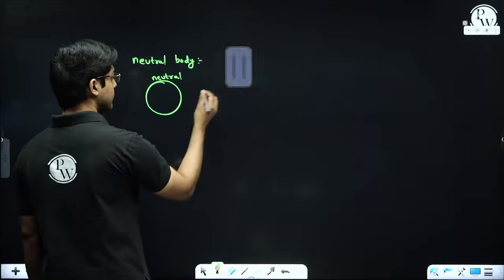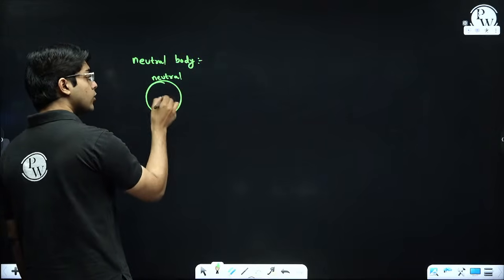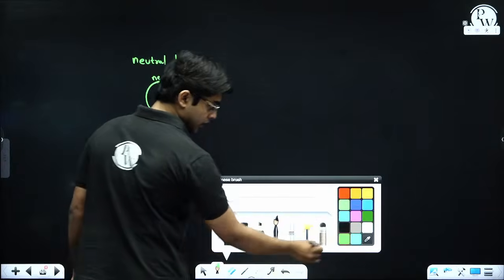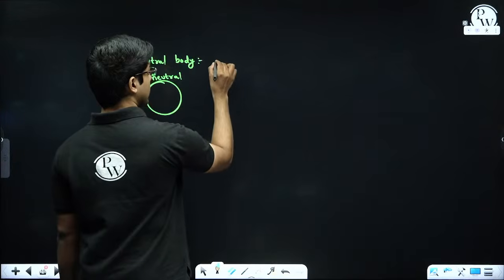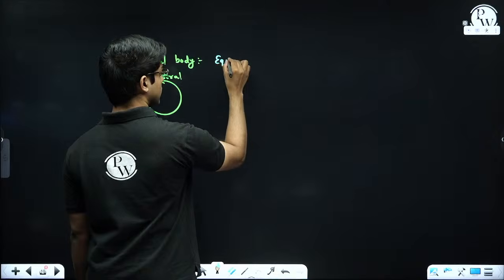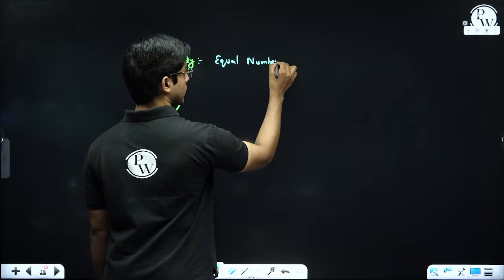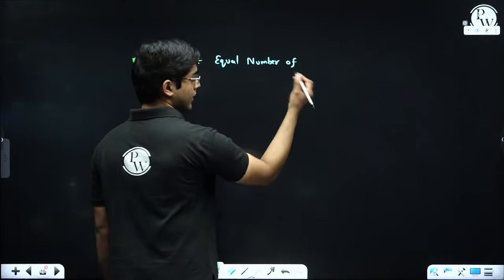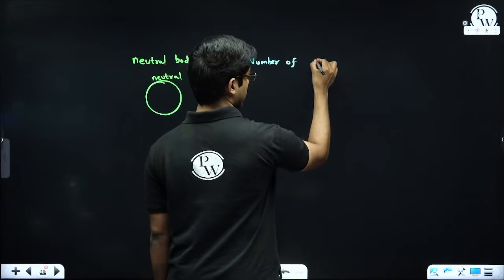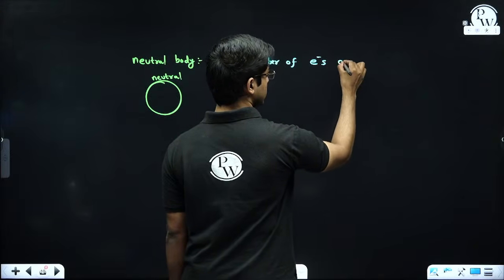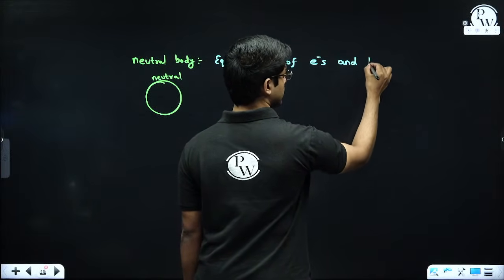What it means is it has an equal number of positive and negative charges. So a neutral body implies that it has an equal number of electrons, which are the negative charges and which we write as e minus, and protons, which we write with a p sign.